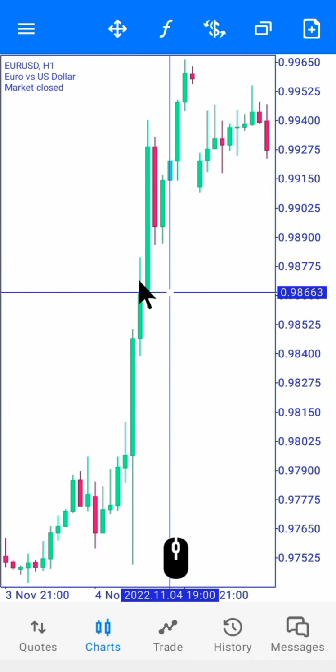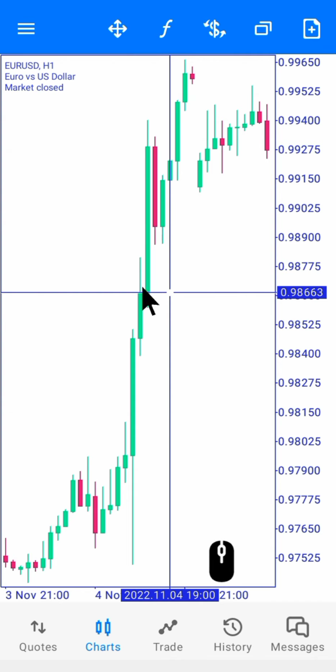So you just choose this price. This is what we choose, 0.98663. Remember, we want to choose a buy stop so that when the market reaches here, it will execute our position, then it keeps on buying. We are going to be in profits.